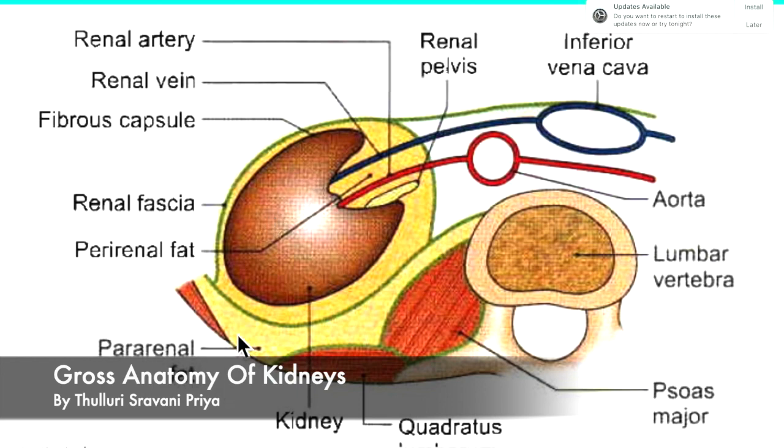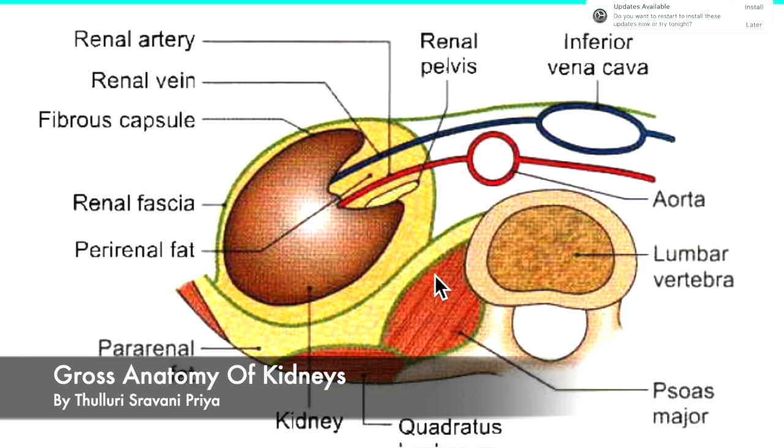Now we'll see the posterior layer of the renal fascia. This posterior layer adheres with the fascia which is covering the quadratus lumborum. This is the quadratus lumborum. It is covered by a fascia known as thoracolumbar fascia. This posterior layer of the renal fascia merges with the thoracolumbar fascia and the fascia covering the psoas major muscle.